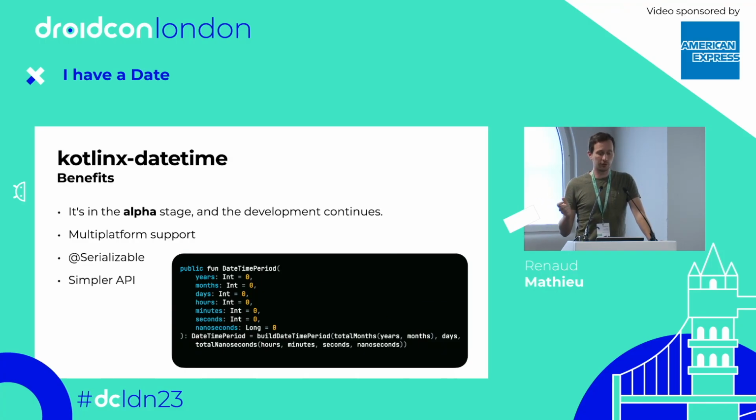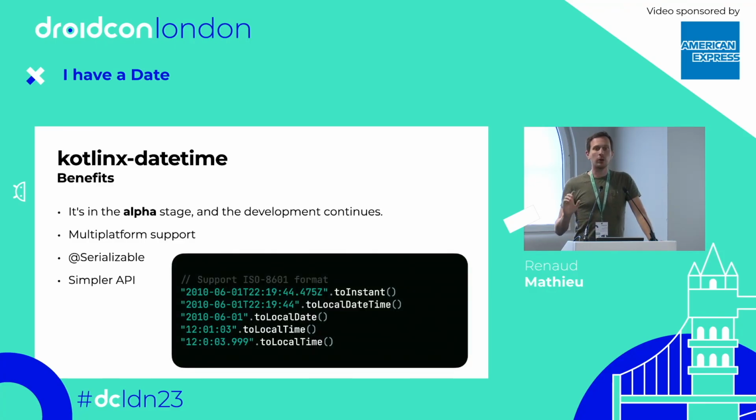So when you manipulate this value, it's serializable, and it has a simpler API. You will find also some syntactic sugar, like you can give it an ISO 8601 string and use the toInstant extension function, and right out of the blue, you get all the values that you want, with Java time under the hood.